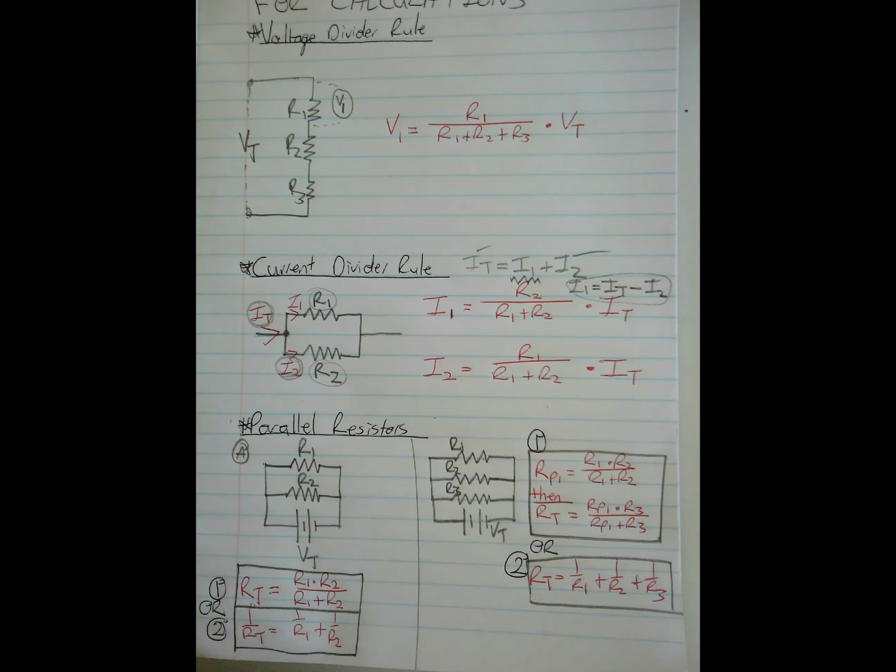Or we can also say 1 over RT equals 1 over R1 plus 1 over R2. When you manipulate this and do that switching, which we'll do an example of, you will get the exact same answer. This is the beautiful magic of mathematics.